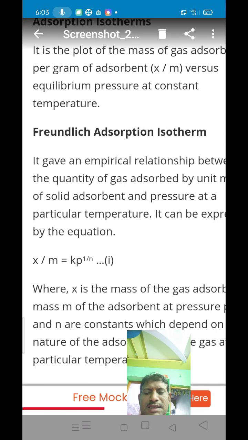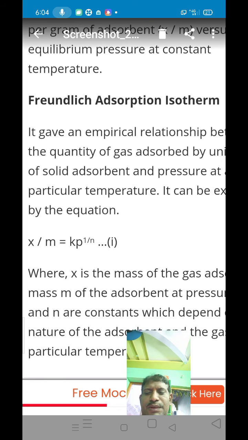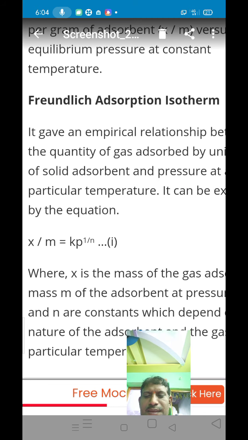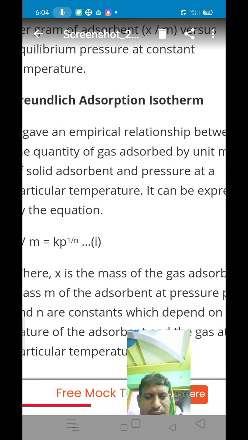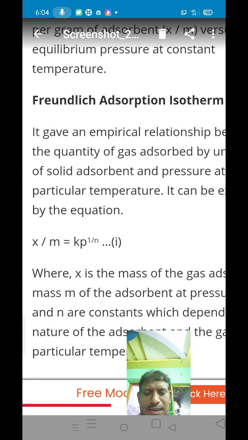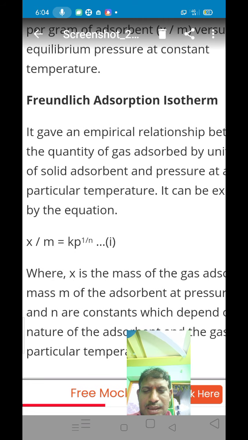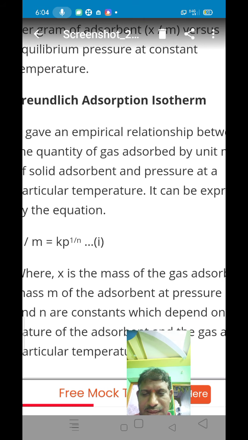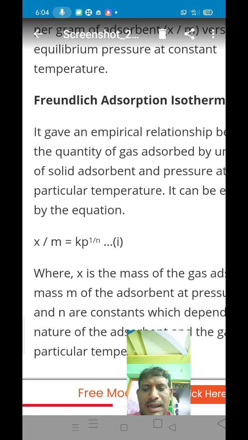It can be expressed by the equation x by m is equal to k p to the power of 1 by n, where x represents the mass of the gas adsorbed and m represents the mass of the adsorbent. k and n are constants, and p represents the pressure.